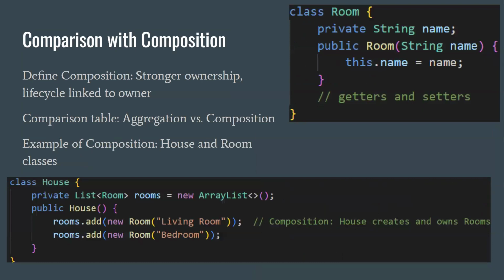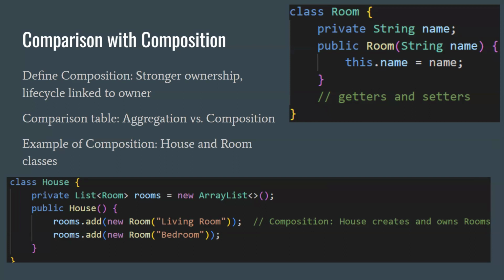Comparison with composition. While aggregation allows for components to exist independently, composition binds the components to the life cycle of the container. A classic example of composition would be a house and its rooms.